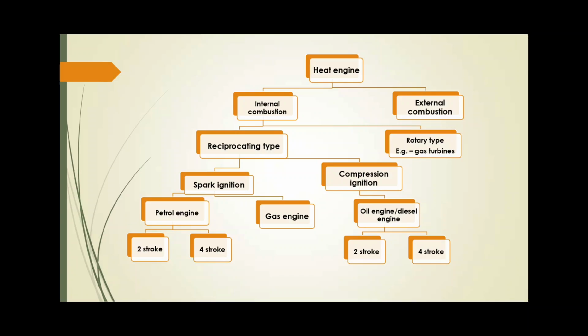Petrol engine may be classified into 2-stroke engine and 4-stroke engine. For completing 1 cycle of operation, if 2 strokes are completed, this is called 2-stroke engine. If 4 strokes are completed, it is called 4-stroke engine. Similarly, in diesel engine, we also have the classification of 2-stroke and 4-stroke engines.